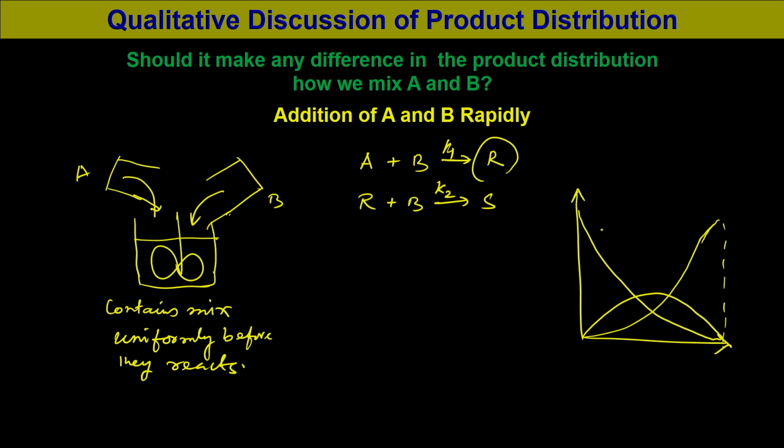This is for A, this is for R and this is for S. So, the product distribution is similar to the earlier case.